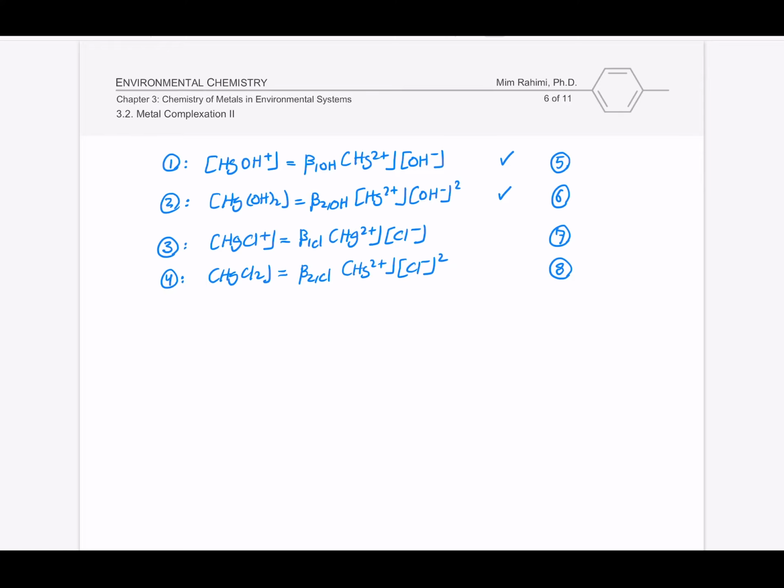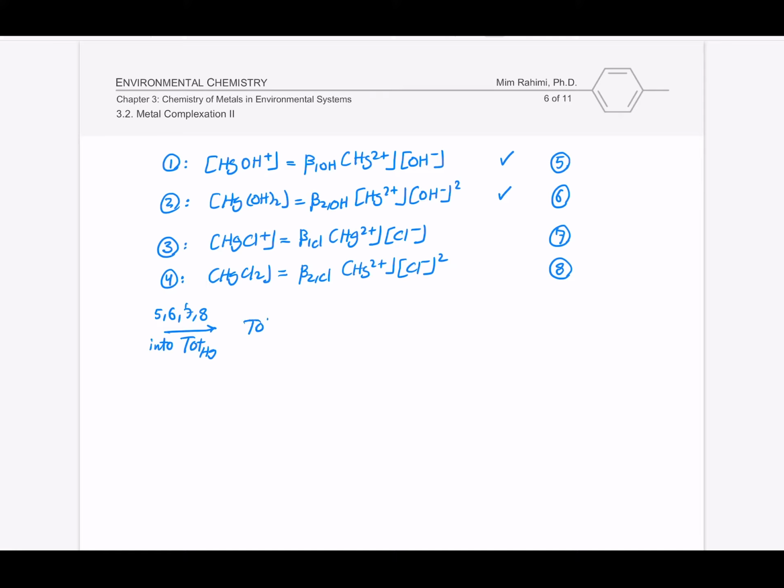So now that we have all the expressions for the individual species, we can put it into mass balance for Hg. So the next step would be putting 5, 6, 7, and 8 into total Hg mass balance.